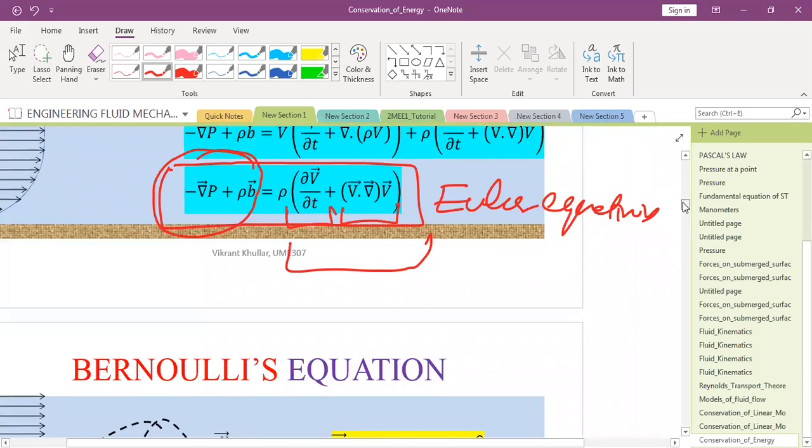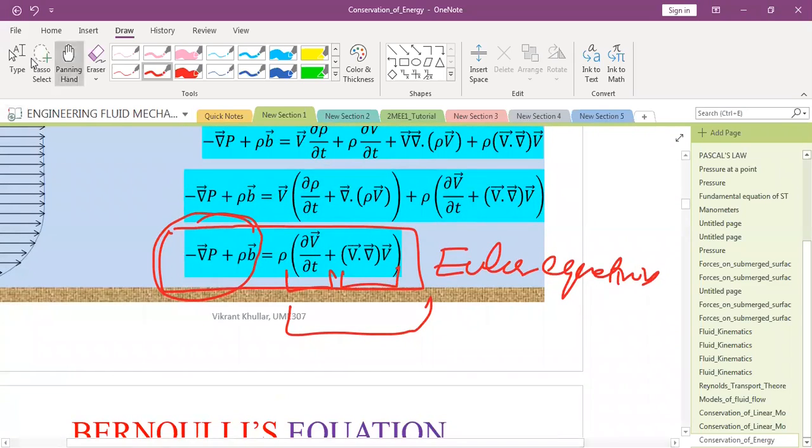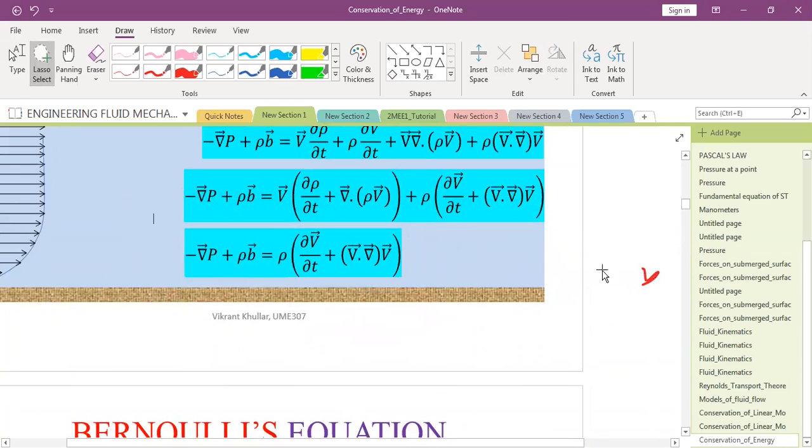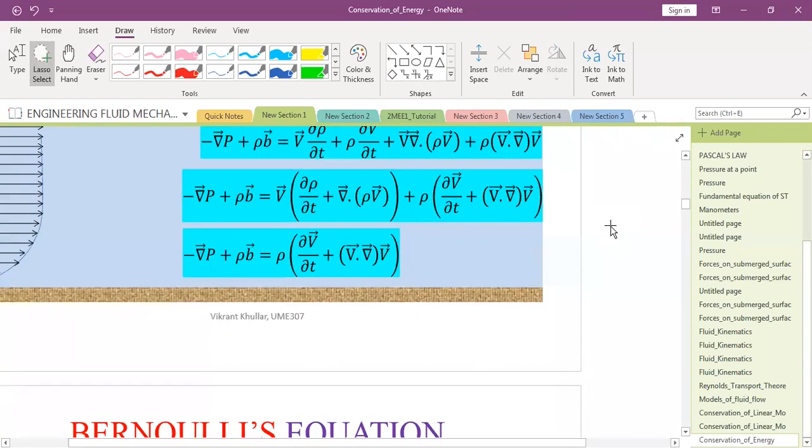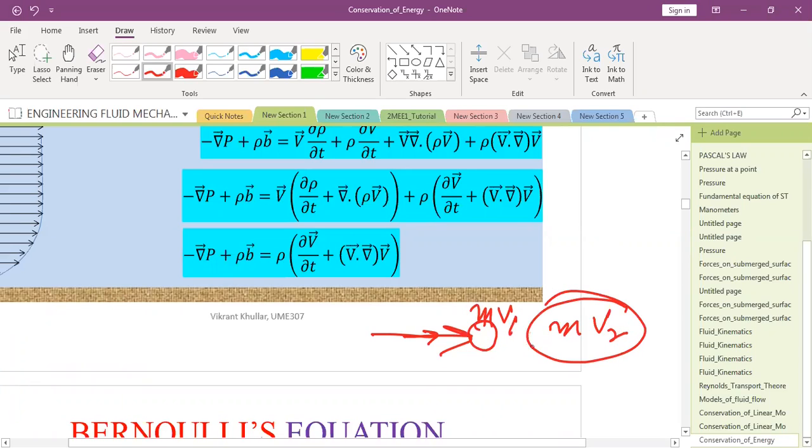Now I am coming to Bernoulli's equation. Now try to recapitulate what you have learned in your 9th class. If some force is acting, and this was some ball which was moving with some velocity v1, you applied a force on it, and its velocity changed to v2. So what do you think?